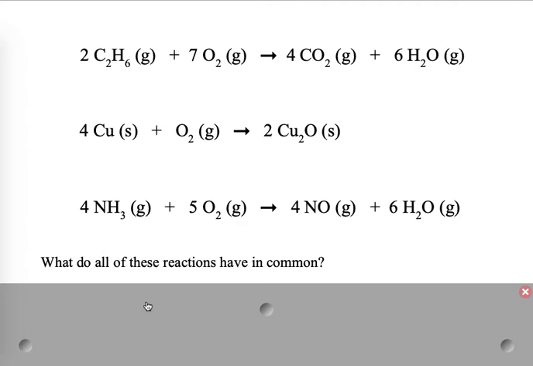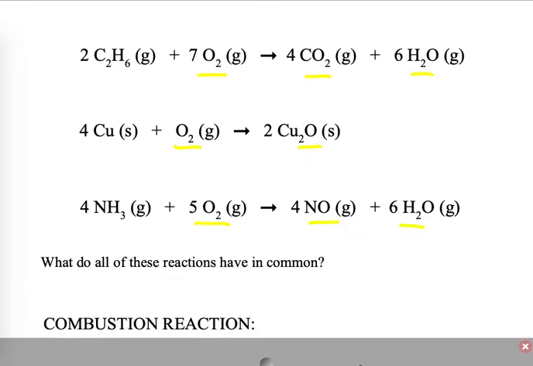Well, as you can see, in each of these reactions, a substance, a compound or an element, is combining with elemental oxygen, O2 gas, to form products, each of which contains oxygen. Each of these is an example of what's called a combustion reaction.